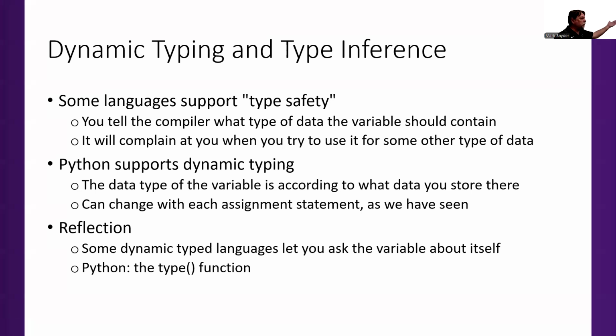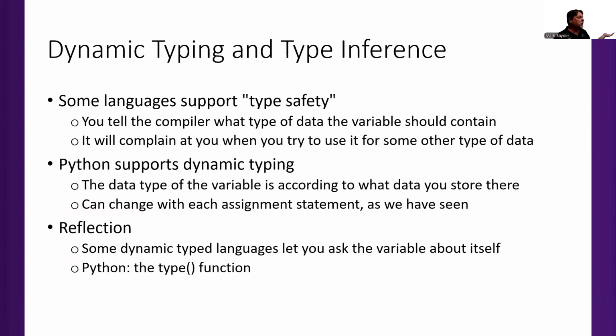What I'm doing there using that type function, some dynamically typed languages let you ask about the variable, like with that type function that I'm using. Others, like if it's a type safe language, why would you need to ask what type of data the variable is? It's always what you declared it to be. If you want to know what type it is, go look where you declared it, and that's what it is.